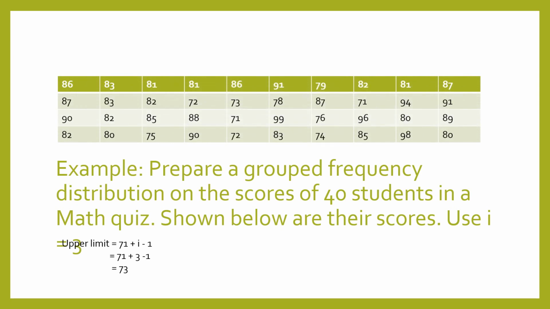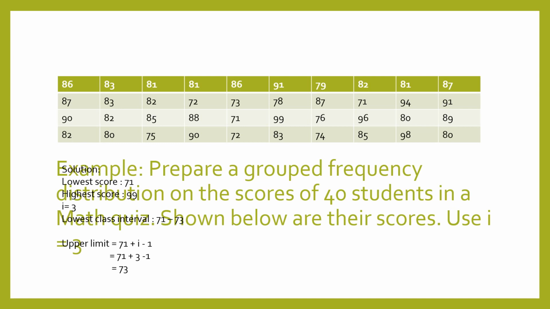These are the scores. Our solution: the lowest score is 71 and the highest score is 99. We get the range, and we will use 3 as the I, or width. So the lowest class interval is 71 to 73.